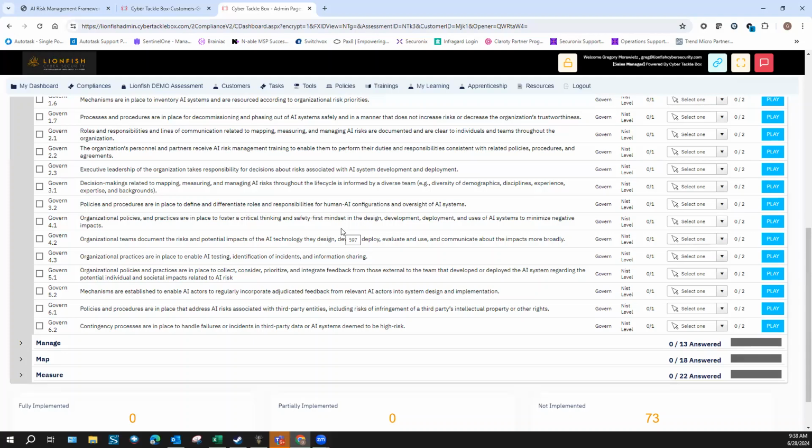You may need to have a procedure about how to use the Lionfish platform, where things are, what responsibilities there are, and what tasks there are, as an oversight document. But you can use the Lionfish product to support this particular control.